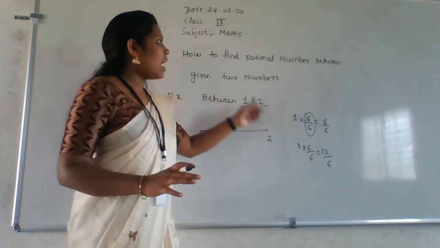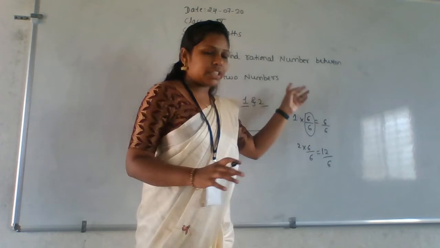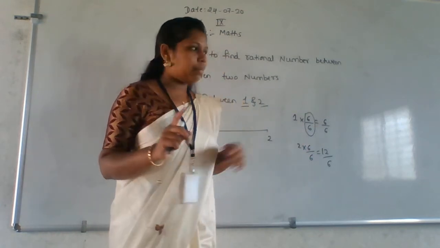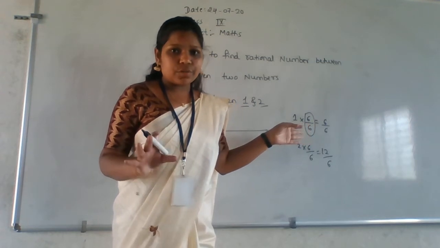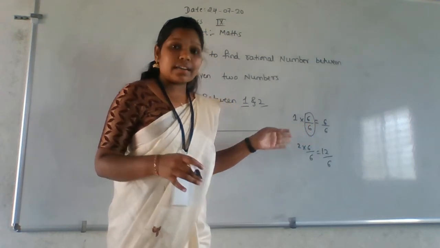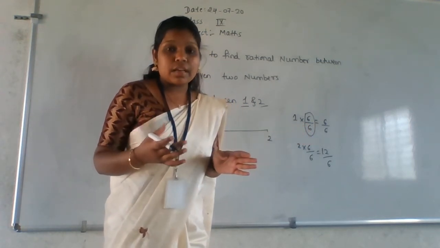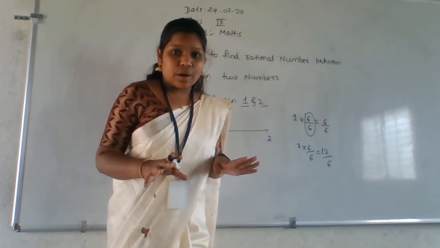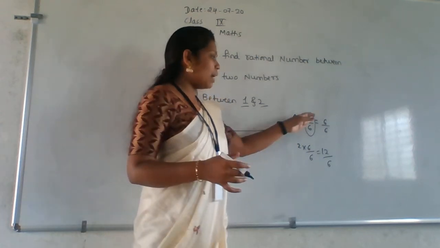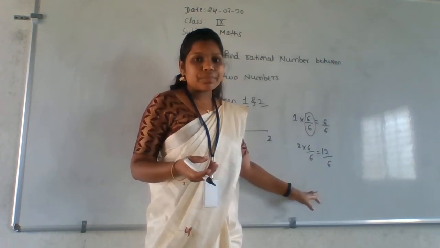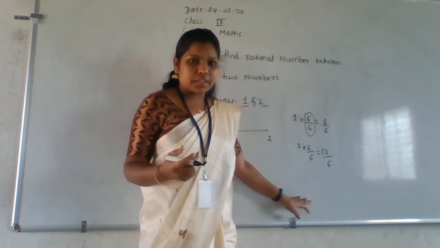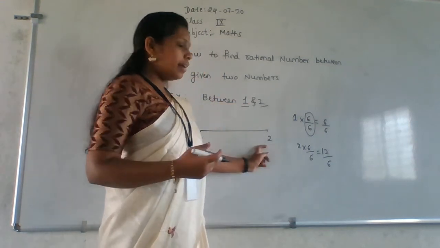But if they ask you to find only one rational number, then multiply with any number, don't worry about that. If they ask for more than 5 or 10 rational numbers, you have to multiply by some bigger values. Then only you will get all 10 rational numbers between 1 and 2.